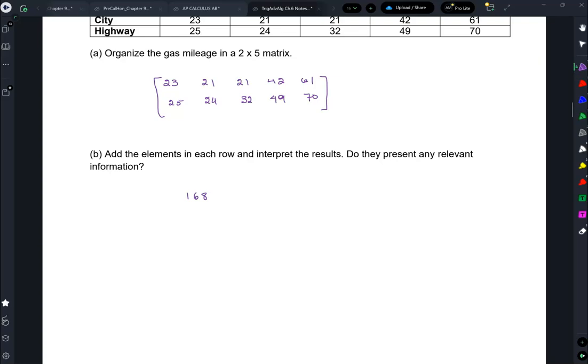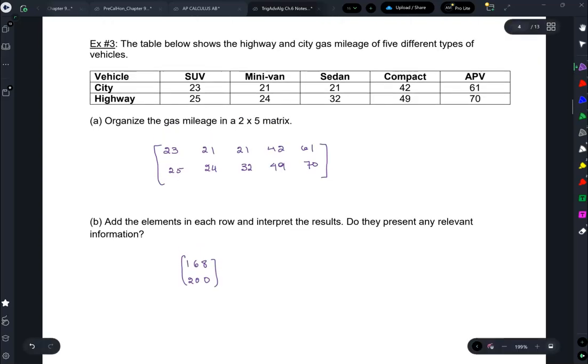And then what do we get here? 200. Okay, so now the question is, do these represent any relevant information? So this is basically the sum of the miles per gallon in the city for 5 different cars. Is that any meaningful information to us? It's really not, right? Because who cares how many total? So this is not any relevant information.